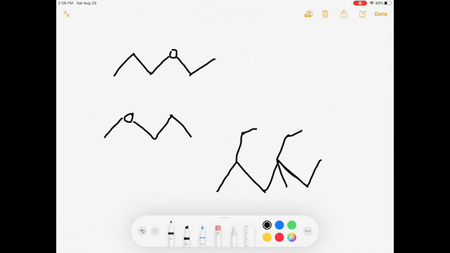So we're going to put that right here. Ethoxy, hexane. So that one looks kind of weird. Let me redraw this last one. There we go. That's a little better.